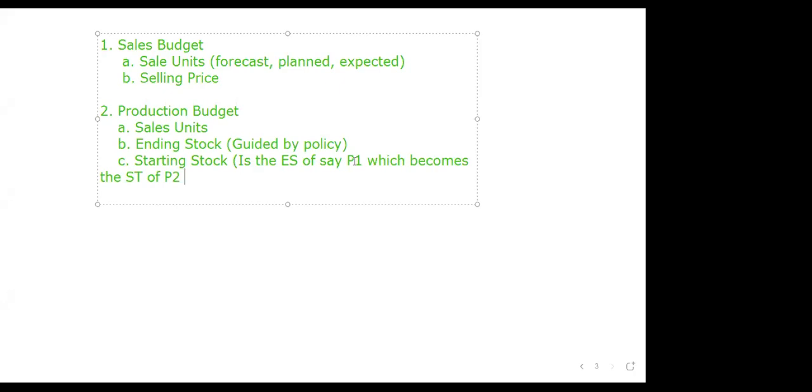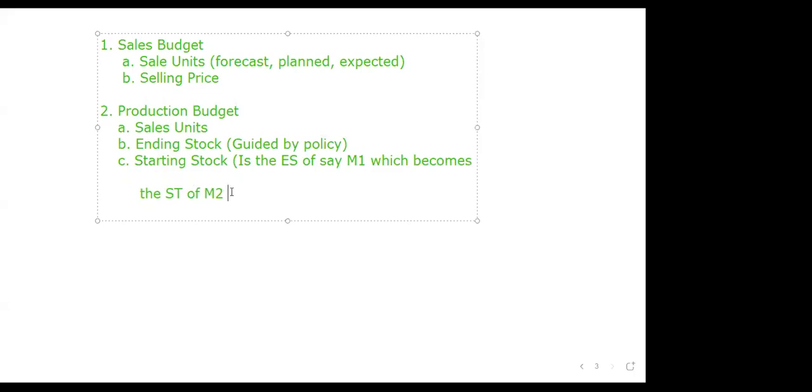Or if you care to know, let's use month 1 and then month 2. So period 1's ending stock becomes the starting stock of period 2 or month 2. Okay, that's the simplest conversation you could have on this. All right.